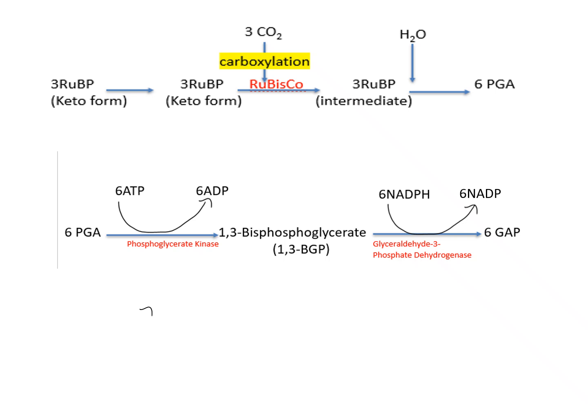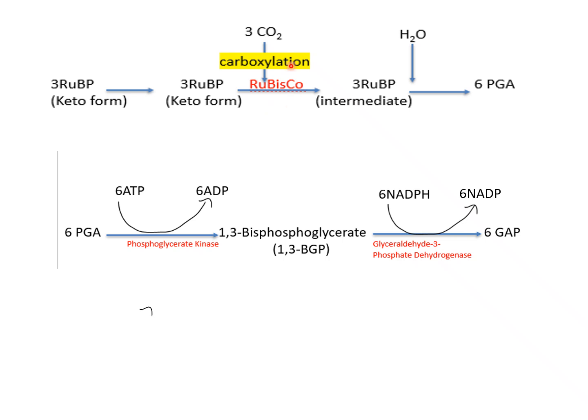Okay. So remember, we started with 3 molecules of RuBP. RuBP oscillates between keto and enol form. It is the enol form to which 3 molecules of carbon dioxide are fixed by the enzyme RuBisCO, ribulose bisphosphate carboxylase oxygenase. Okay.